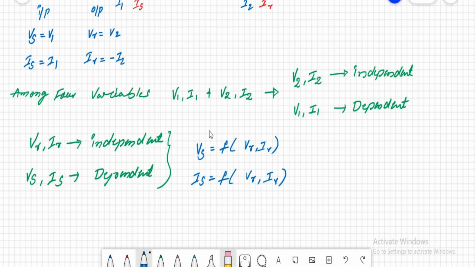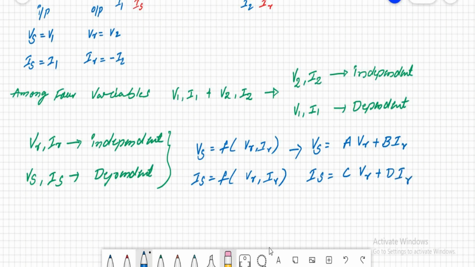So the equations will be: Vs is equal to A into VR plus B into IR, and IS is equal to C into VR plus D into IR.